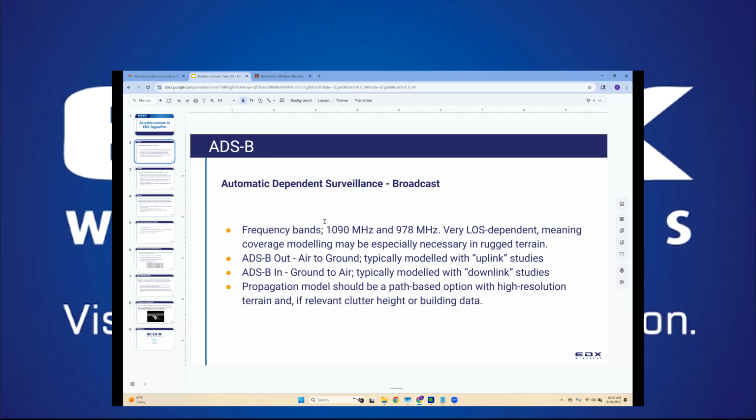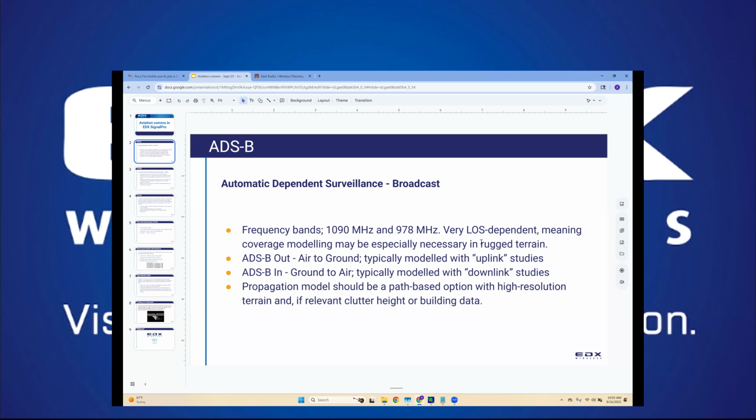With these higher frequency bands, this can be very line of sight dependent, meaning that if you are back behind a mountain range from the system you're trying to communicate with, that's going to be a no-go. So this is mostly a line of sight dependent technology, and therefore the studies are going to be more relevant the lower you get in altitude.